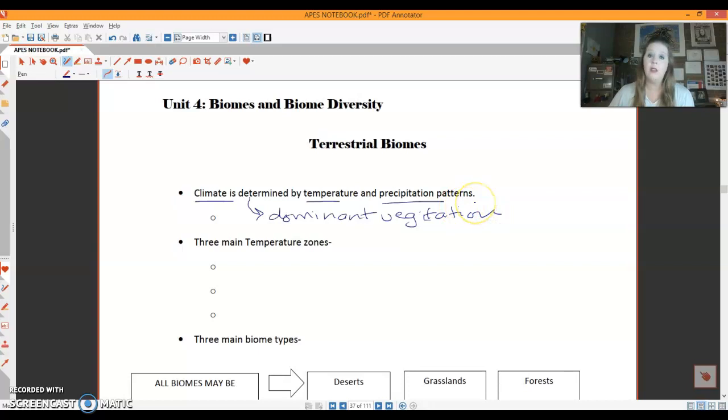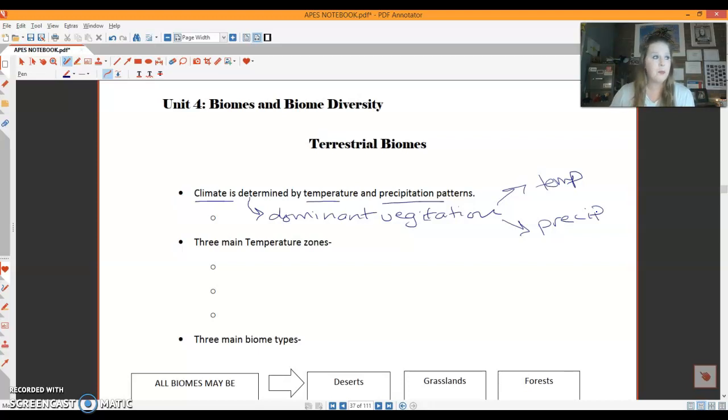And as you guys know, vegetation, plants, is also determined by temperature and precipitation. For example, you can't take a cactus and go plant it in Canada in the tundra and expect it to survive.